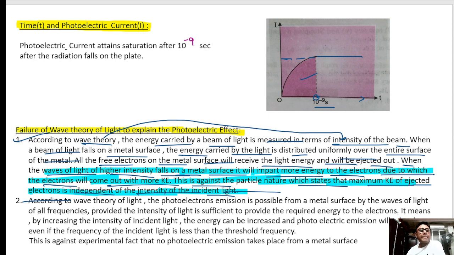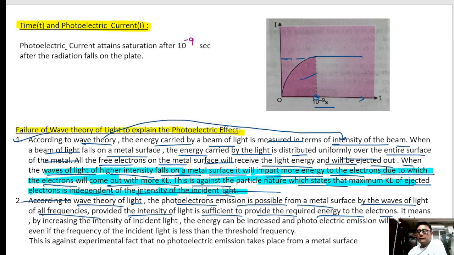Next, according to wave theory, photoelectron emission is possible from a metal surface by light waves of all frequencies. They are telling that if any frequency falls on the metallic surface, the photoelectric emission will start, provided the intensity of light is sufficient to provide energy to the electrons.